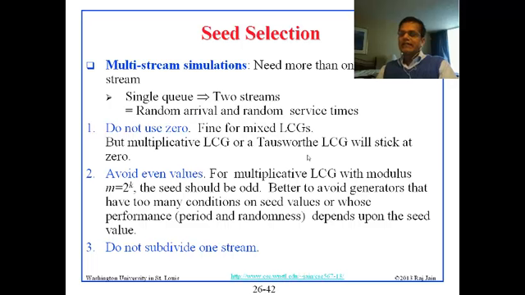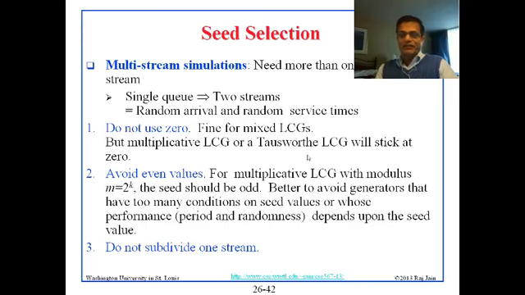Secondly, avoid even values. Don't use 2, 4, 6, 8, 10. Why? Because for some generators you get the full period only with an odd seed. Remember, you don't know what your generator is, so you don't want to get into a place where you don't know the cycle.